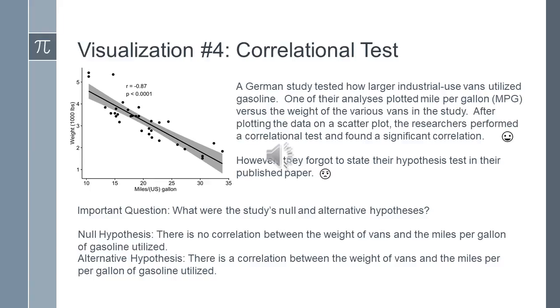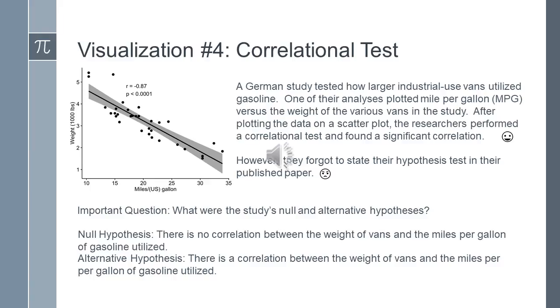One of the analyses plotted miles per gallon, MPG, versus the weight of the various vans in the study. After plotting the data on a scatter plot, the researchers performed a correlational test and found a significant correlation. However, they forgot to state the hypothesis test in their published paper.